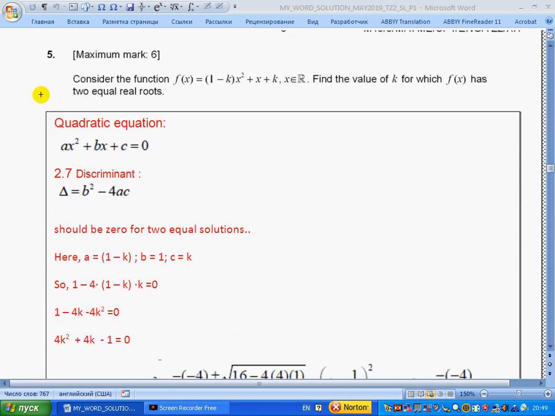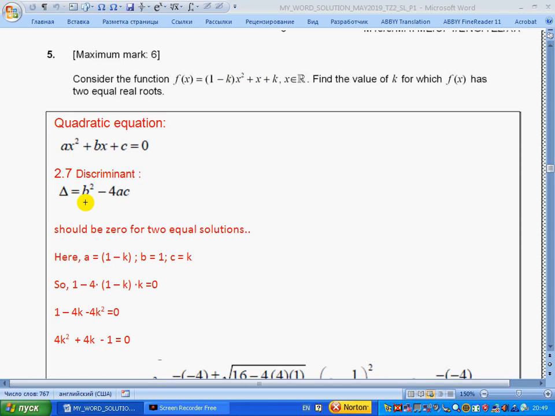Question 5. Consider the function. Find the value of k for which f(x) has 2 equal roots. We have a quadratic equation. The discriminant is given by this formula, and it should be 0 for 2 equal solutions. Hence, here we have a equals minus 1 minus k, b equals 1, and c equals k.